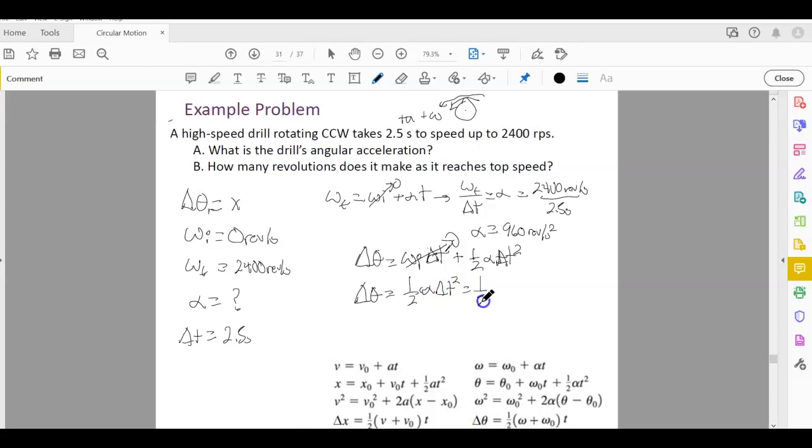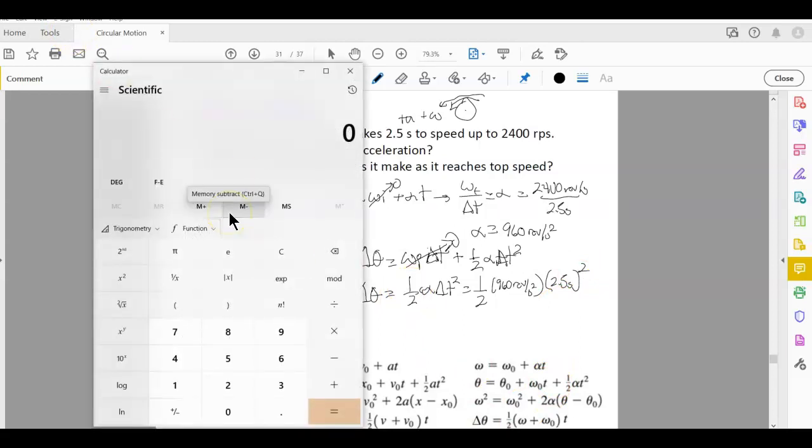which is going to be equal to 1/2 times 960 revolutions per second squared times 2.5 seconds that we're going to square. All right.